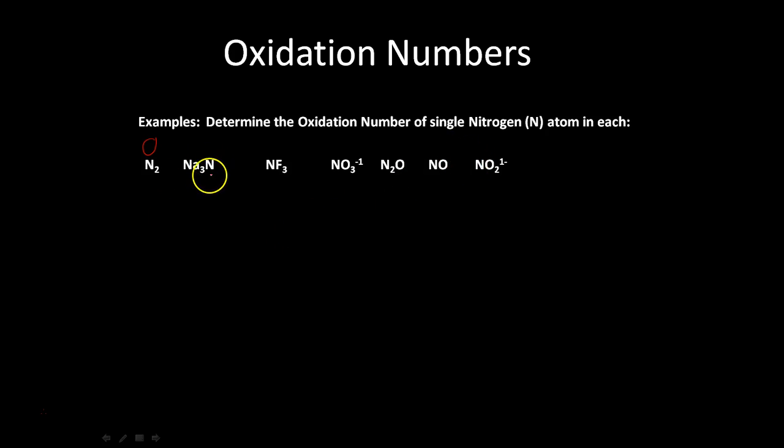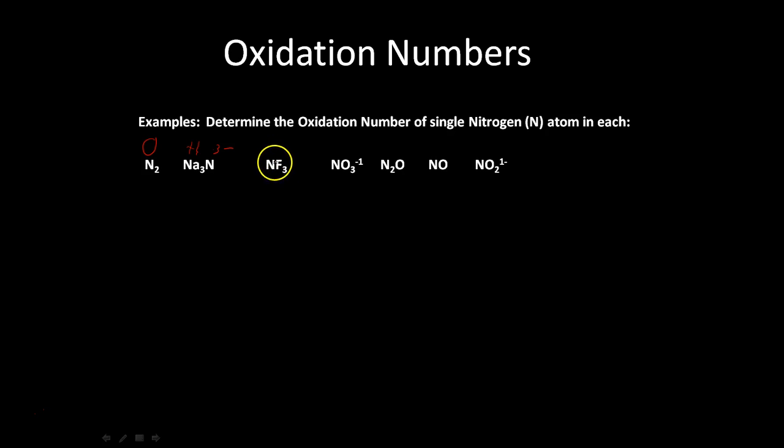In this case, the oxidation number is going to have to be equal to the charge on that particular ion. If all of these sodium ions are +1, that means that the nitrogen, in order to balance all of those sodium ions, needs to be 3 minus. So we're going to predict 3 minus here.